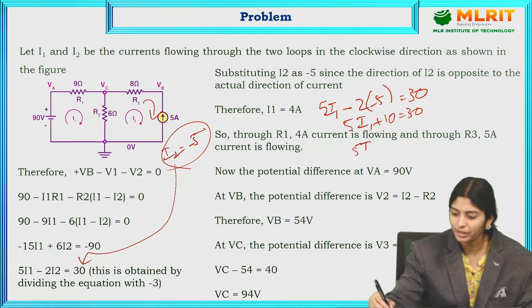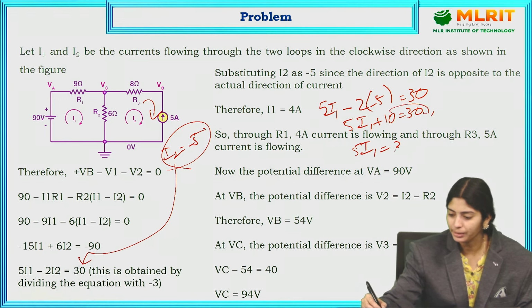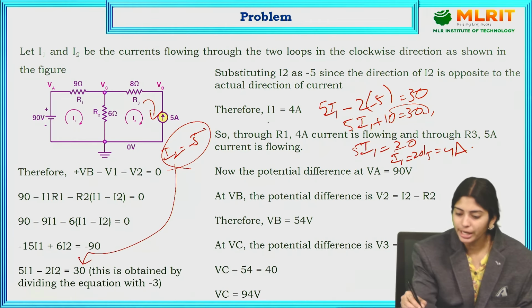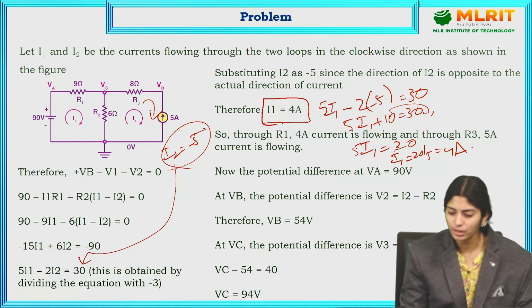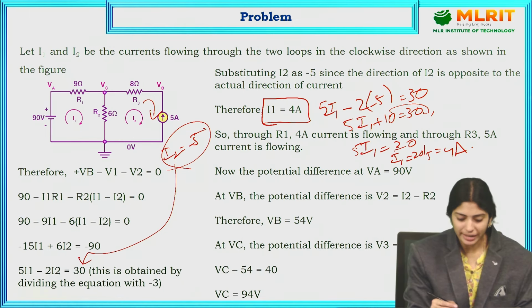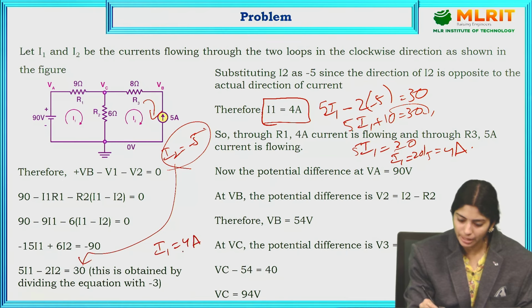So 5I1 is equal to 20. 30 minus 10 is 20. So I1 is equal to 20 by 5, which is 4 amperes. So finally we got I1 is equal to 4 amperes. So we got the I1 value as well as the I2 value: I1 is 4 amperes and I2 is minus 5 amperes.